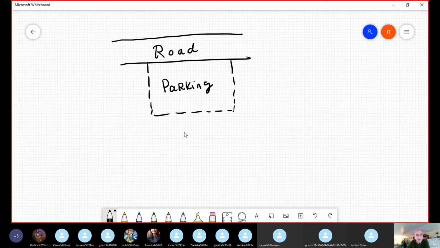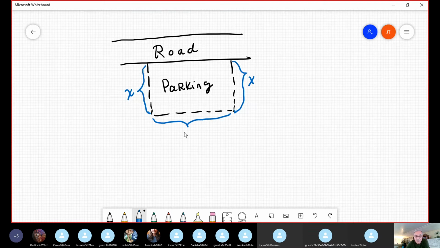The first thing in this problem, where we have no equation, only a word problem, is to define variables. Suppose this segment I call x, and this segment is the same, x. And this segment is different, I call y. The formula for the area of a rectangle is x times y.